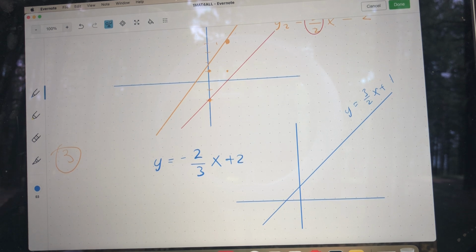So this one starts at 2 units up, and then it goes 2 down and 3 to the right. So 2 down is back to the origin, 3 to the right, 1, 2, 3, somewhere here.